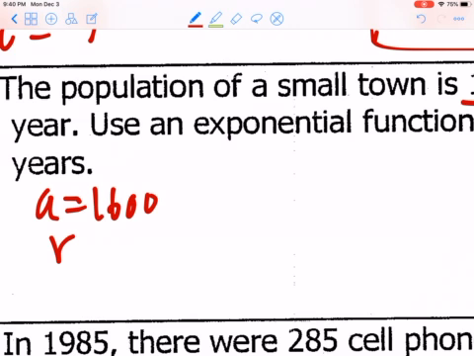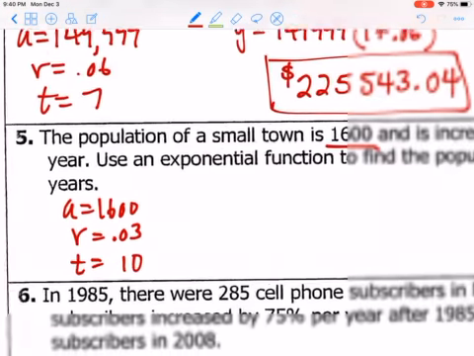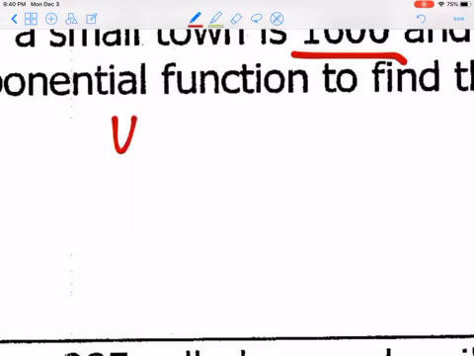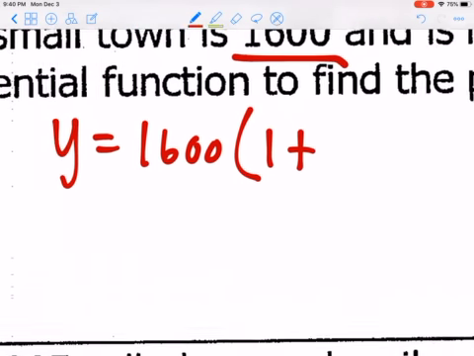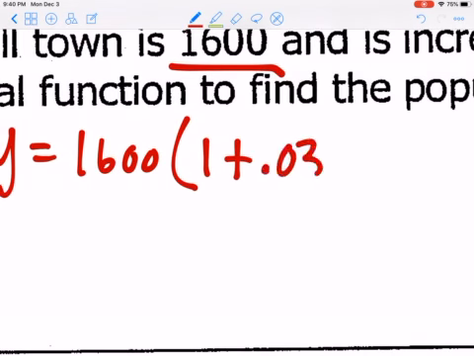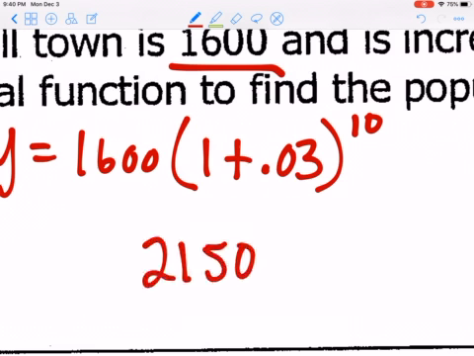Our rate is 0.03, and our time is 10 years. So, Y equals 1,600, 1 plus 0.03 to the 10th power. And that equals 2,150 people.